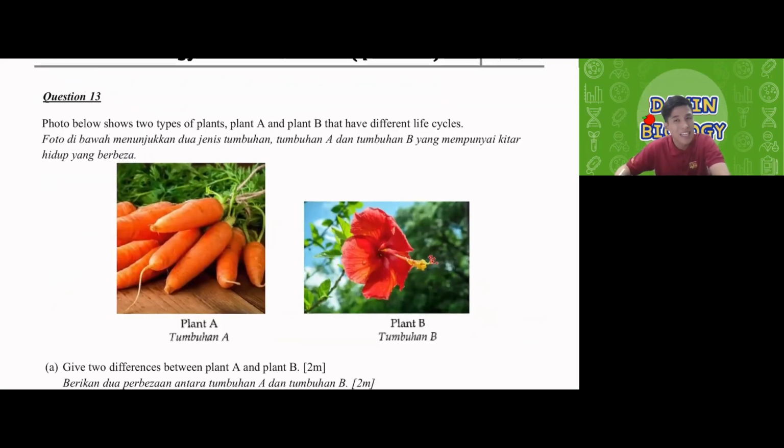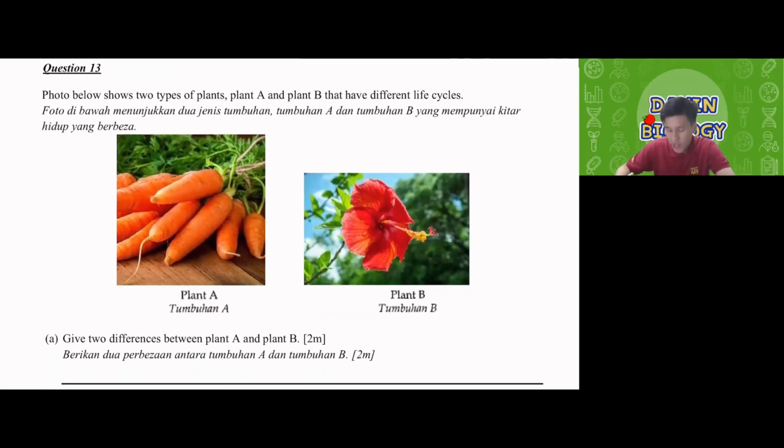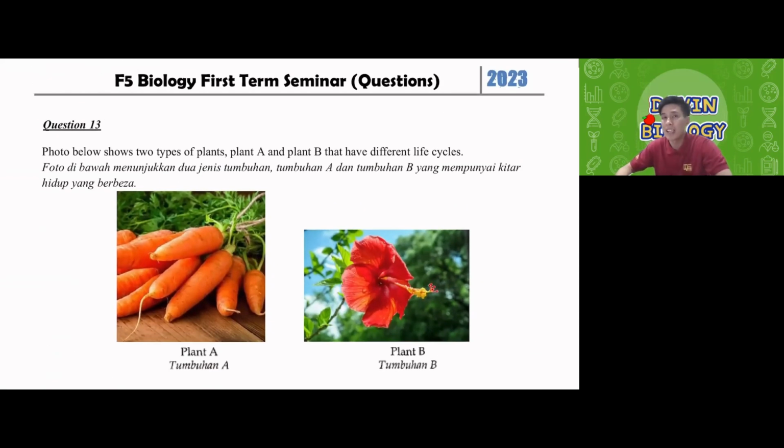Now, this question, we have a carrot and we have a hibiscus. First, what types of plant are they? So these are life cycle questions again. Biennial. Okay, A is biennial, right? Definitely. But what about B?